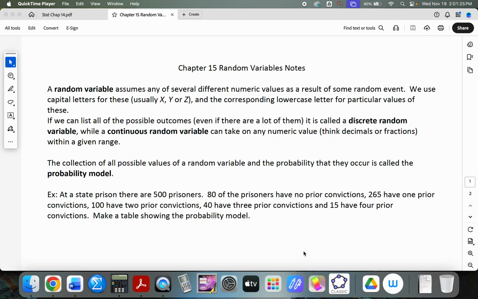So we use capital letters for these, usually X, Y, or Z, which again, I'm like, are you kidding me? My capital X's and my little x's look pretty much the same. Ditto for my Y's, ditto for my Z's.